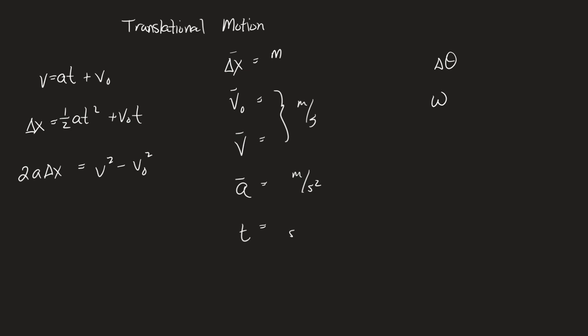It was omega. So we will have omega naught and omega final. They'll represent the angular velocity or rotational velocity. We're going to use a lowercase alpha for acceleration. We're basically just taking the same letter that we use for our English letters and using the Greek equivalent. Last is T for time.